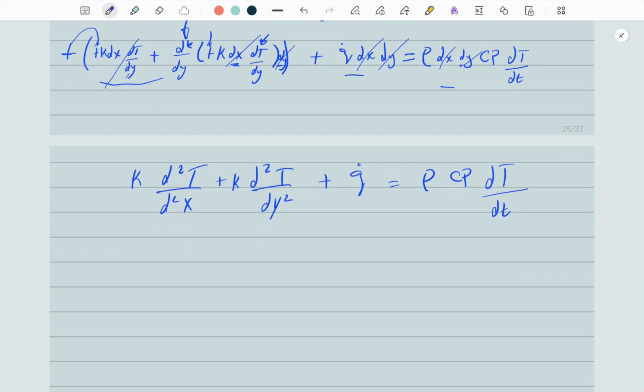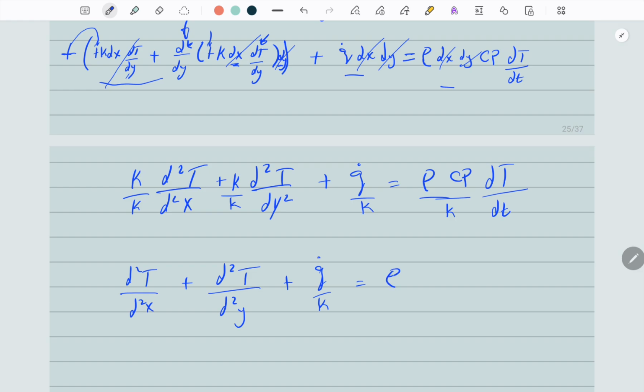Okay, now we can get rid of that k by dividing by k on all terms. We'll be left with second differential of temperature over second differential of x plus second differential of temperature over second differential of y plus q dot over k equals density times Cp over k times dT over dt.